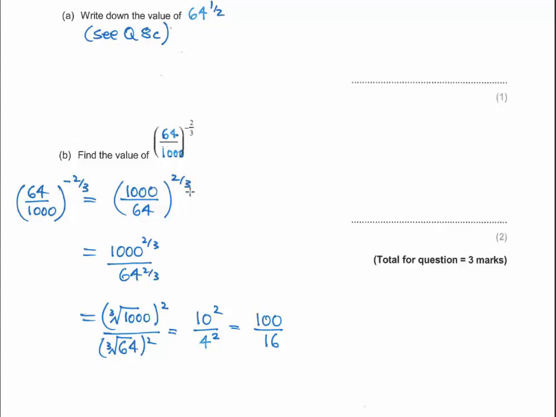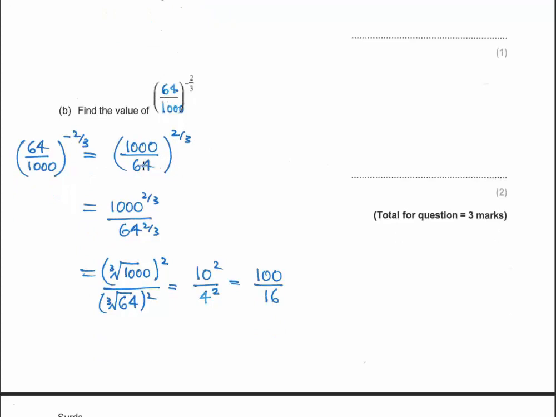That always works. And you can split these numbers and do each of them to the power of 2/3. Now, what does 2/3 mean as a power? Well, a third is a cube root. 2/3 is a cube root squared. So 1,000 to the power of 2/3 is the cube root of 1,000 squared.